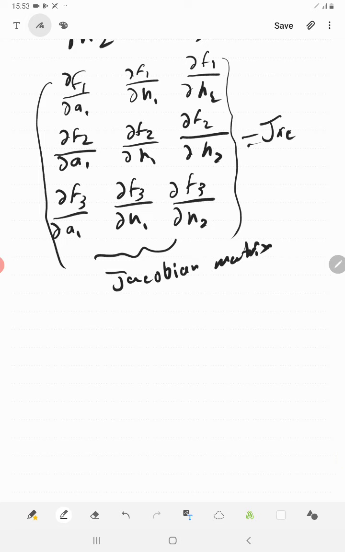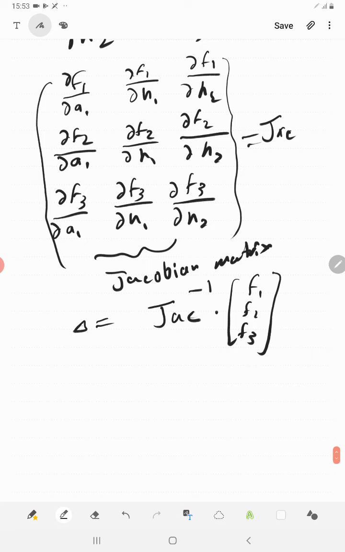Based on this, we can calculate delta equal to the Jacobian inverse times F, which is F1, F2, and F3.